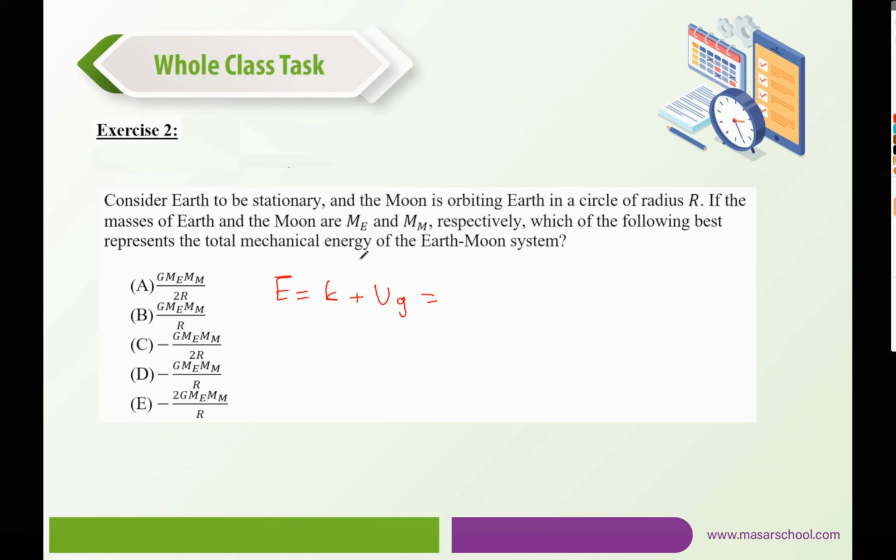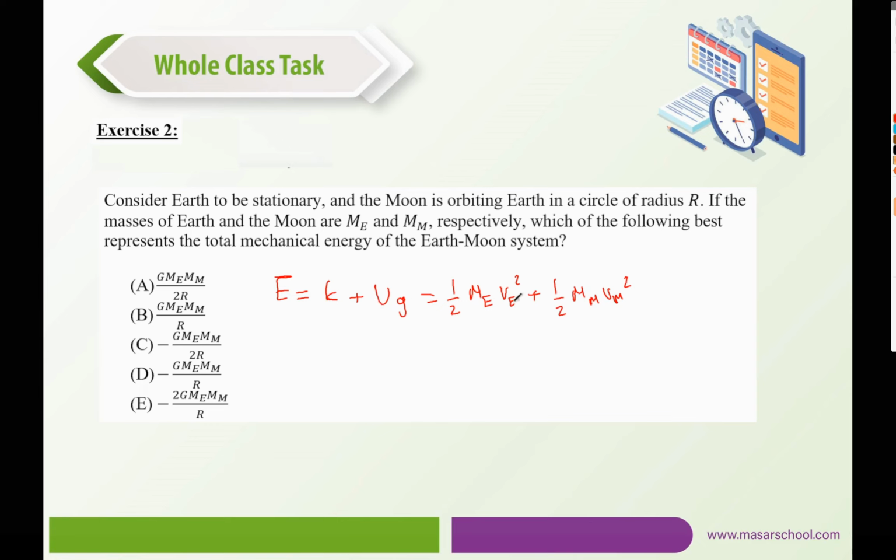The kinetic energy is the energy of the Earth and the moon, so that would be half me VE squared plus half mm VM squared. Now what about the gravitational force?